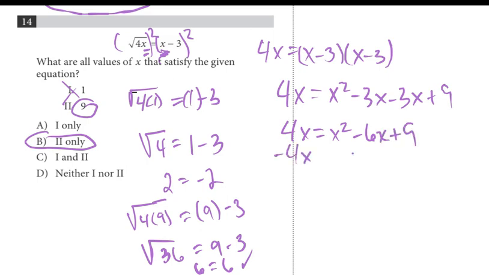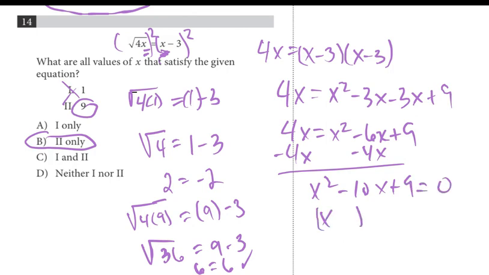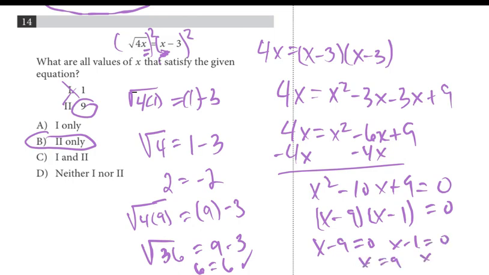Subtract 4x from both sides. Subtract 4x from both sides. x squared minus 10x plus 9 equals 0. We factor x and x, minus 9, minus 1 equals 0. Remember, if you FOIL that, you get this. So x minus 9 equals 0, x minus 1 equals 0, x equals 9, x equals 1.